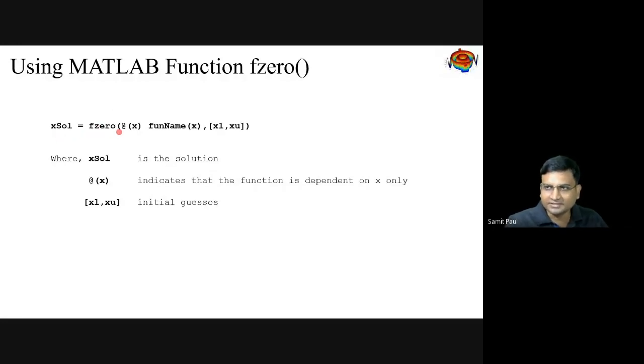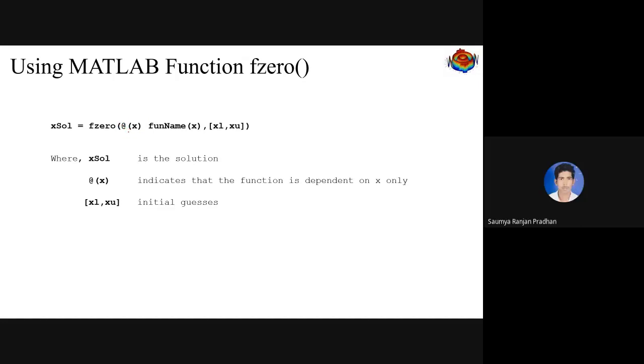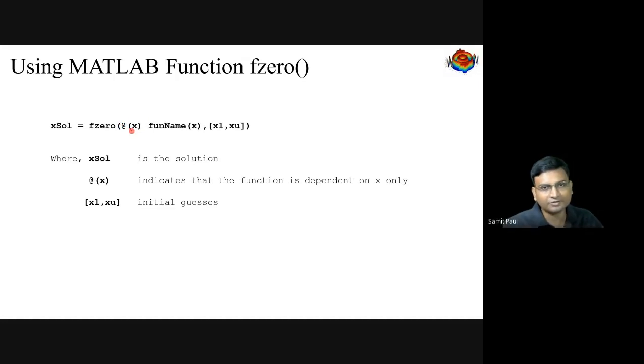Have you seen earlier this type of thing? Yes, today only we discussed. What was that function? Remember? It was fplot. Plotting a direct function. There we use this. Here also, @x means the function that we are going to solve will have dependence on x only.